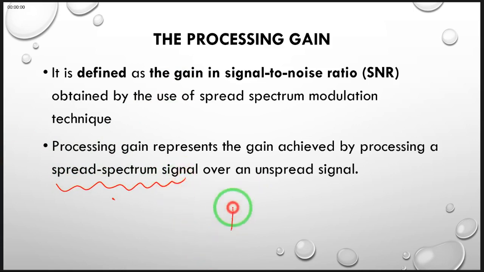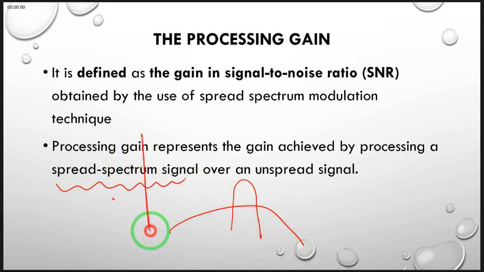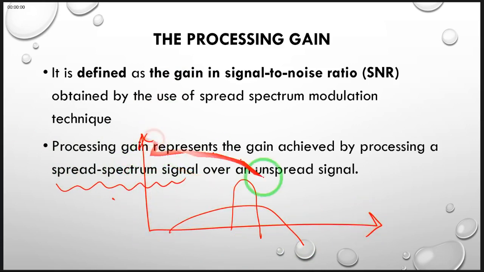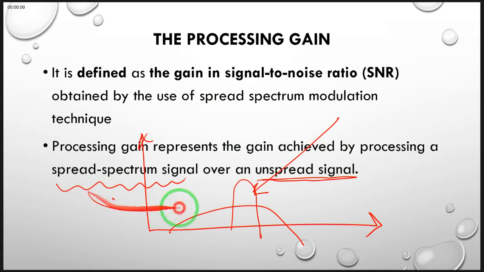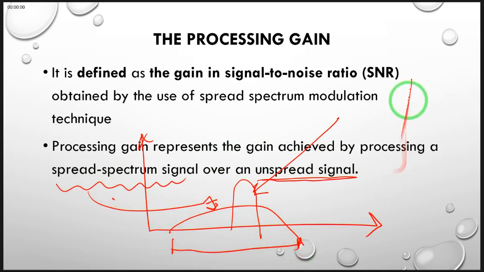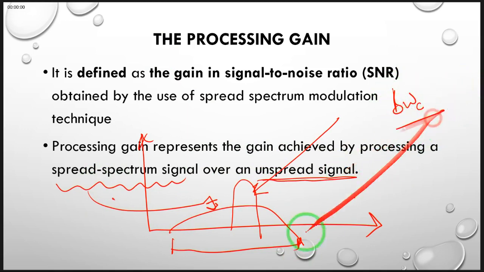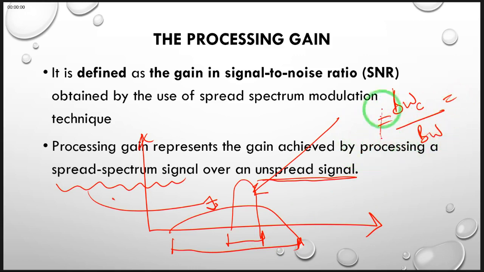Just like we have seen, we have the unspread and we have the spread. So if we say this is our graph that we have seen in our previous slide, this is your unspread signal, whereas the spread signal is this one. So when you take the bandwidth, if we say that the bandwidth of the spread signal is given by BWC, and you divide by the unspread signal, which is BW, then this is the gain that you achieve, that is called the processing gain.